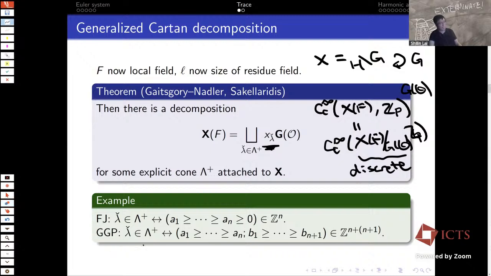In the GGP case, lambda just corresponds to non-decreasing integers of length n, and non-decreasing integers of length n plus 1. So you can recognize this as exactly the positive Weyl chamber of the group G. So in Friedberg-Jacquet, you don't see all of the chamber, you see a quotient of the chamber. In GGP, you see all of the chamber.